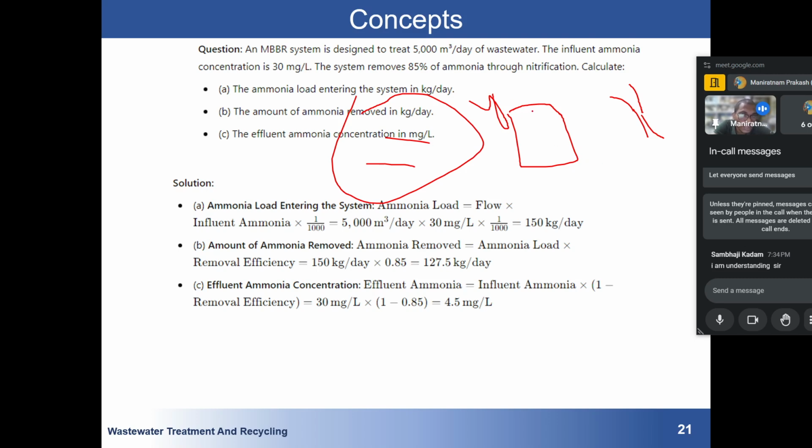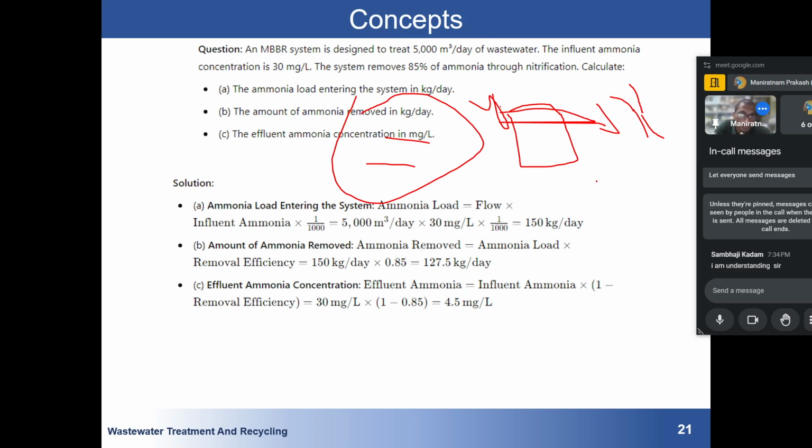So our efficiency of this system should be such that it should be able to treat y amount of nitrogen to x amount of nitrogen, and in that way we will be defining our efficiency.